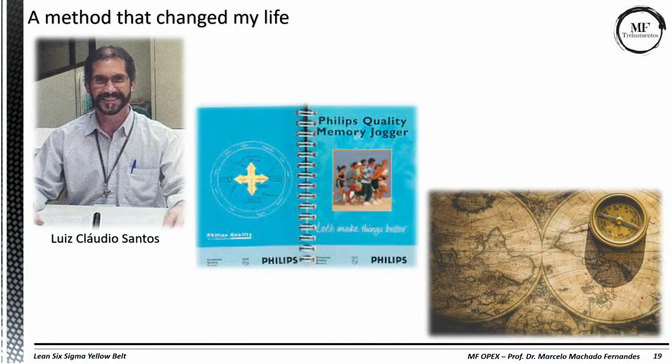during my onboarding process, I had a chance to meet Luis Cláudio Santos. And Luis Cláudio Santos presented to me the famous Philips Quality Memory Jogger. Okay, so Luis Cláudio was my mentor, yes, and he presented to me the Philips Quality Memory Jogger.